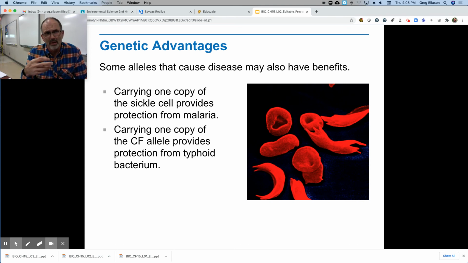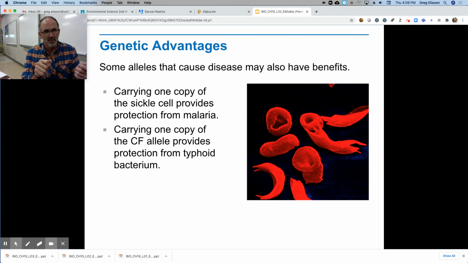So if you had sickle cell and you lived in an area where there was malaria, that would provide you with an advantage. You've got to think, you're growing up in an area where there's not a lot of resources or medicine or anything. So if you were born with normal blood hemoglobin, malaria basically would kill you when you were a kid.